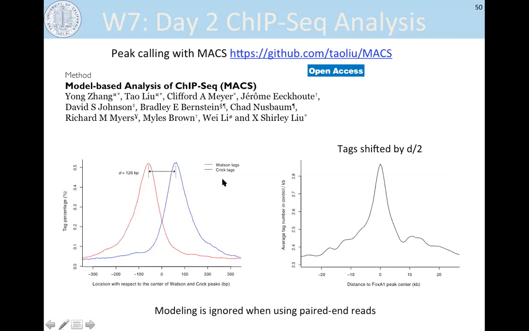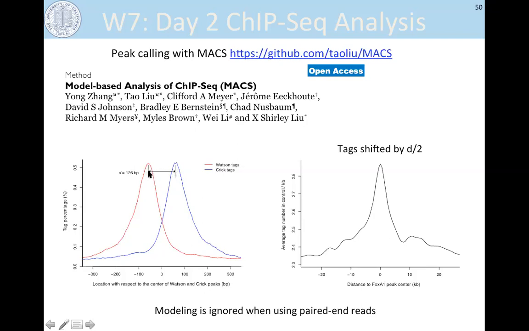Again, the modeling portion of this allows MACS to more accurately predict the true binding site by taking the distance between the pileup of reads on the Watson strand, for example, and the peak on the Crick strand, or the other strand. The fragment length is estimated by the distance between these two peaks.